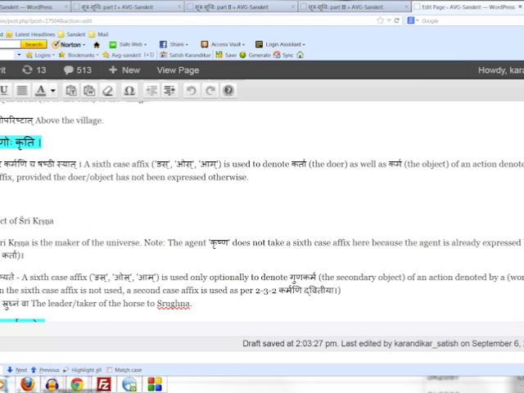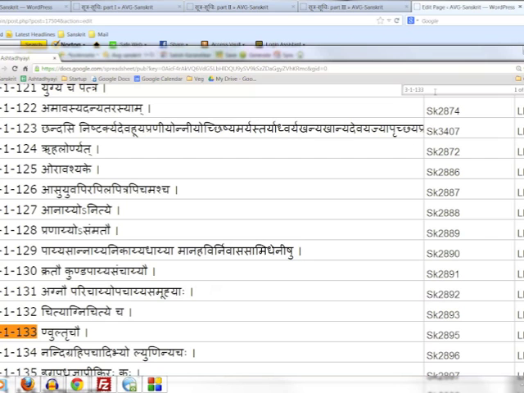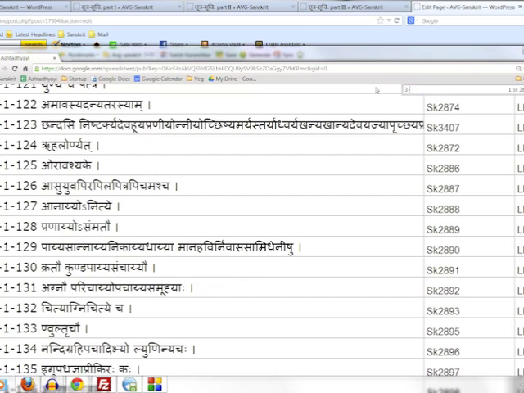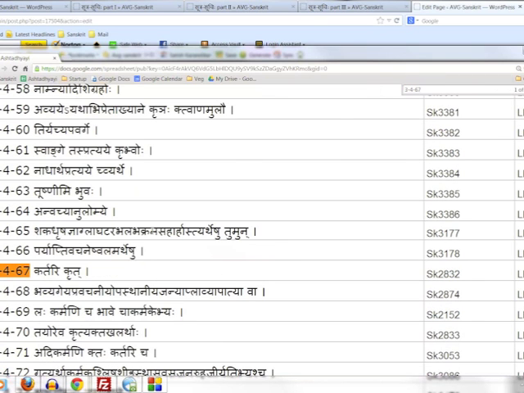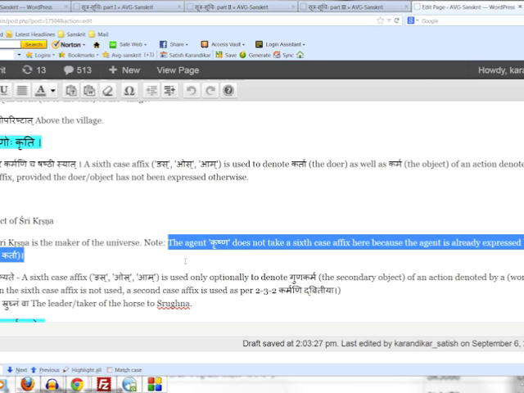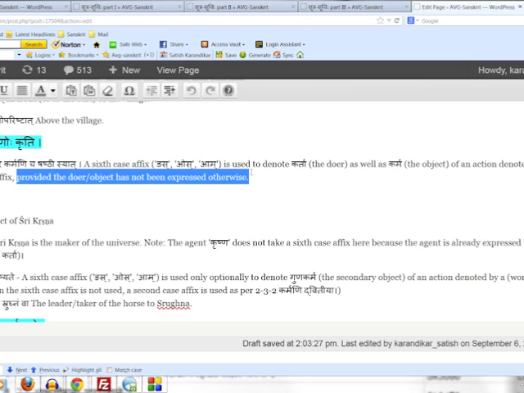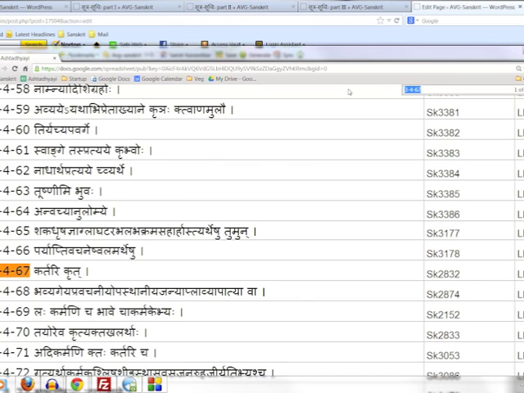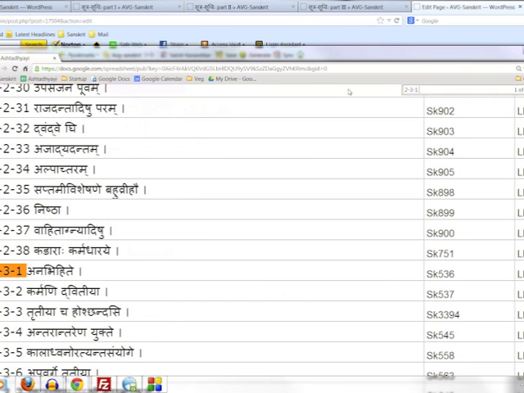It is used kartari as per kartari krit 3467. Hence the agent is already expressed by the krit affix trich, and therefore Krishna does not take the sixth affix because kartakarmano kriti has the condition of anabhite, which we know is the adhikara coming down from 231 anabhite. Here the karta is abhitaha, hence Krishna does not take the sixth case affix.